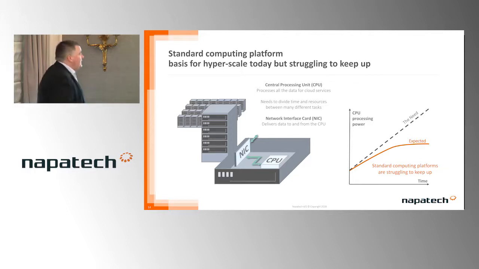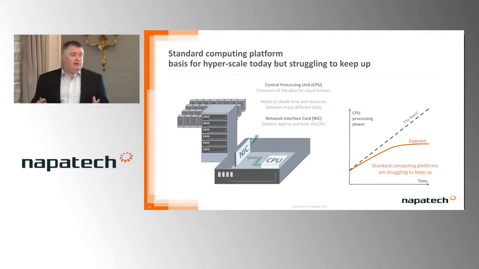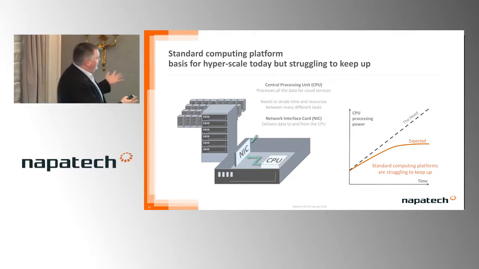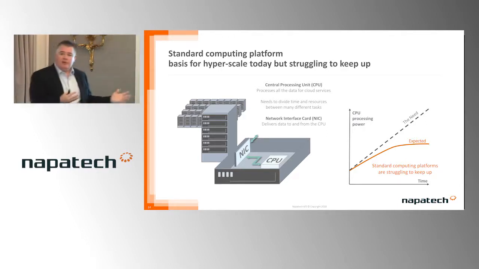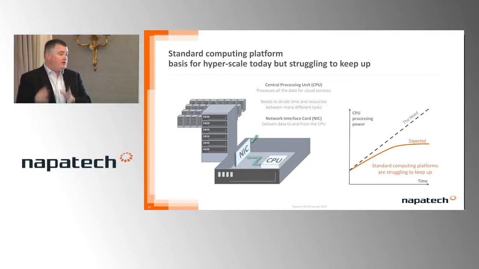And the answer is to add FPGAs, field programmable gate arrays, to the solution. So it's basically these same servers, these same standard computing platforms, and we add in this technology called FPGA as a complement. The reason why that's a good idea is because the FPGA is brilliant at scaling and doing certain tasks very well, very efficiently, much faster than you can do in a CPU.